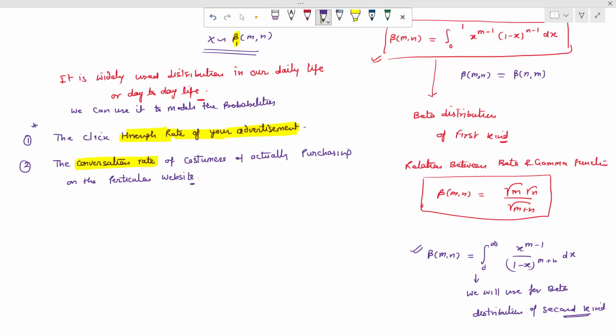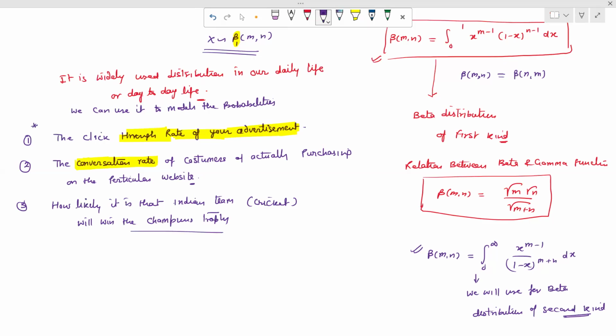Now, third one, how likely it is that any leader, suppose, or any particular team, we are talking about the Indian team, and this is for the cricket team, Indian team will win the Champions Trophy.